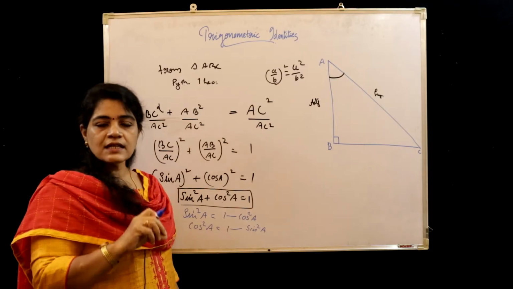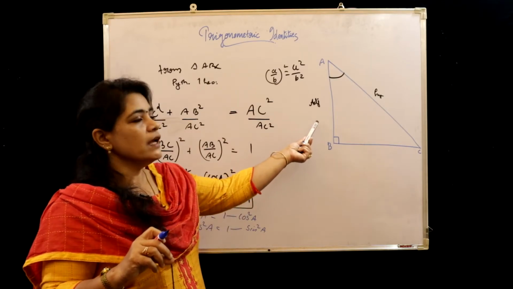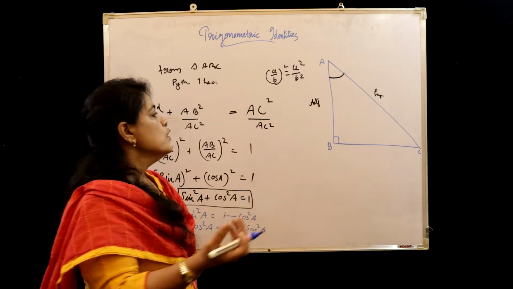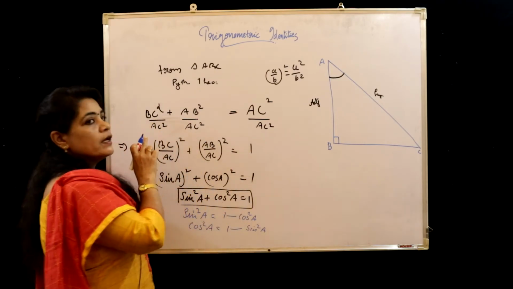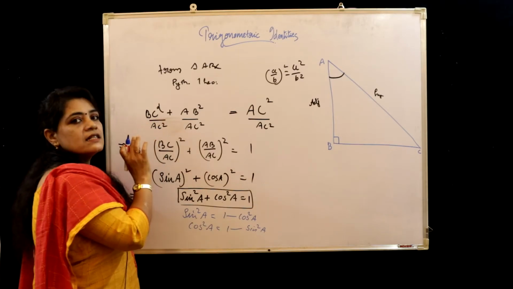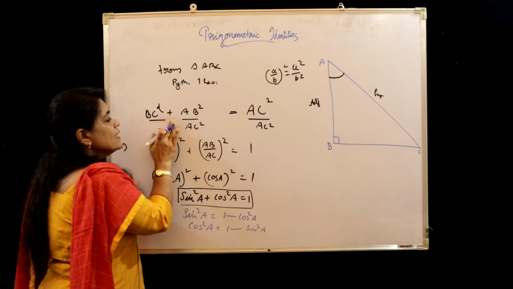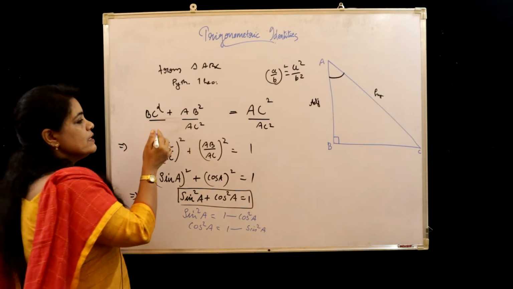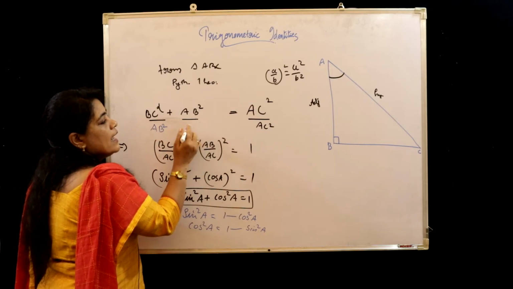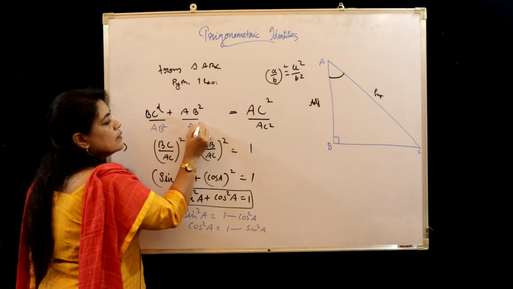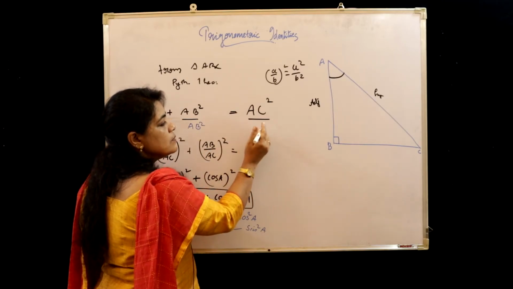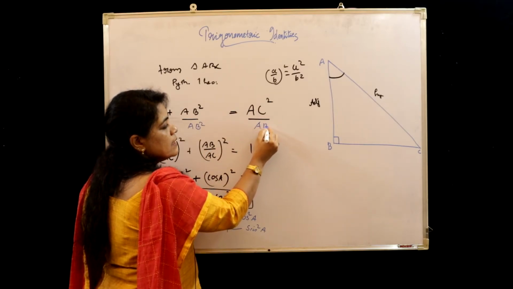To get the second identity, I am going to divide by AB square, and the third side, BC, for the next one. So we have AB square plus BC square equal to AC square, and I am going to divide the whole expression by the same quantity, AB square. Hope that is clear, children.